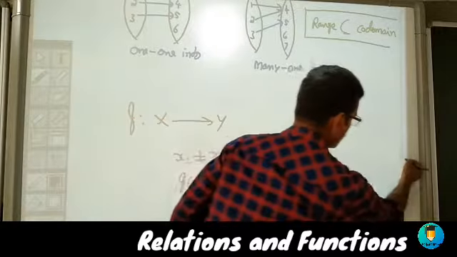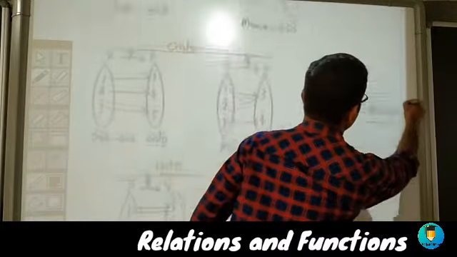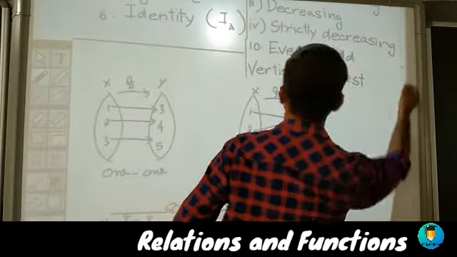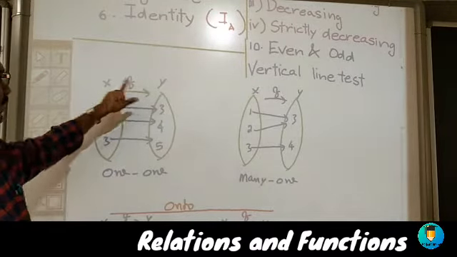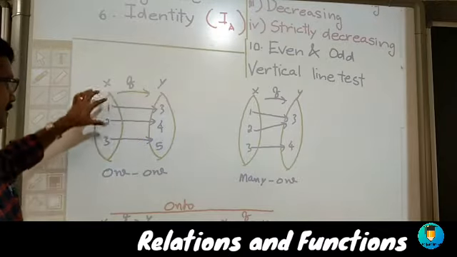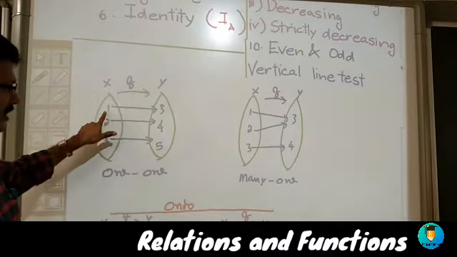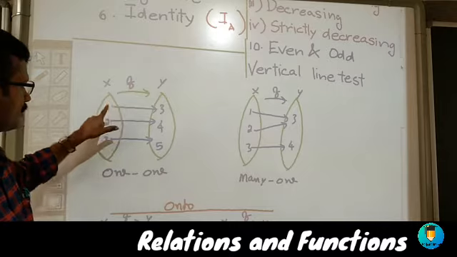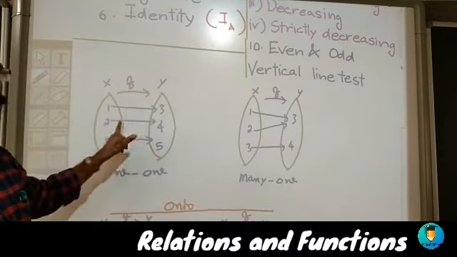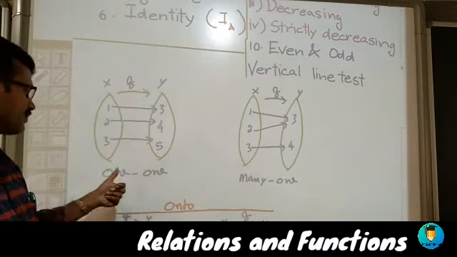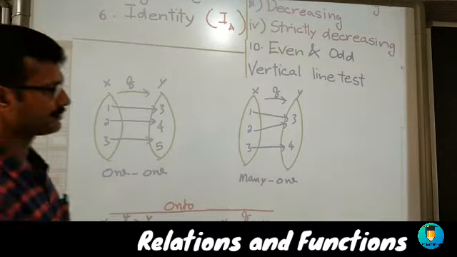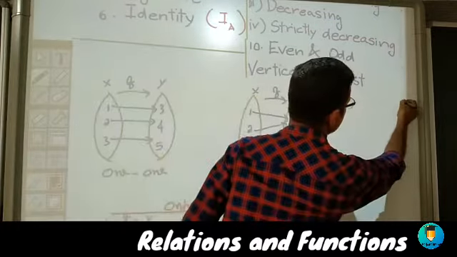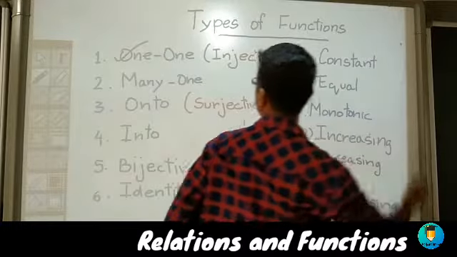It can be shown in an arrow diagram like this. The function f is from x to y. See, all the elements of x are connected to other elements, and each element of x has only one image. This is a one-one function. So this is the first one, the one-one function, also known as injective.